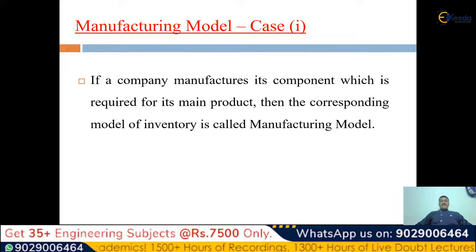When replacements are required, we need to have these products immediately at hand so that they are readily available for the customers. To have that, we need to create the inventory quantities required, which come under this manufacturing model. Hence, if a company manufactures components required for its main product, the corresponding model of inventory is called the manufacturing model.